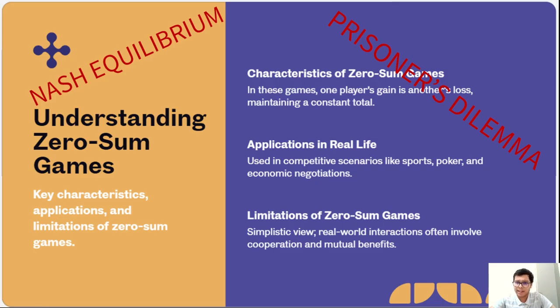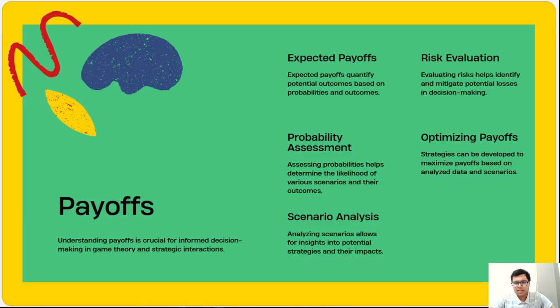No one has any regrets and all are winning or all are losing. Basically, there is no win or lose there because all are in total equilibrium. We will see these having applications even in real life, like economic negotiations, as I told. Let's move ahead. I think you already got an idea of what payoffs are.